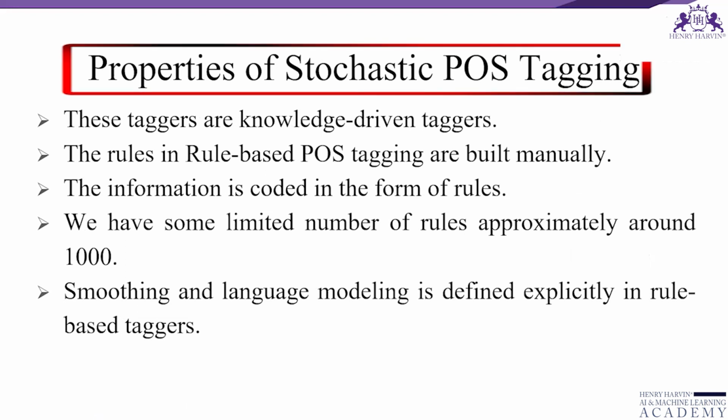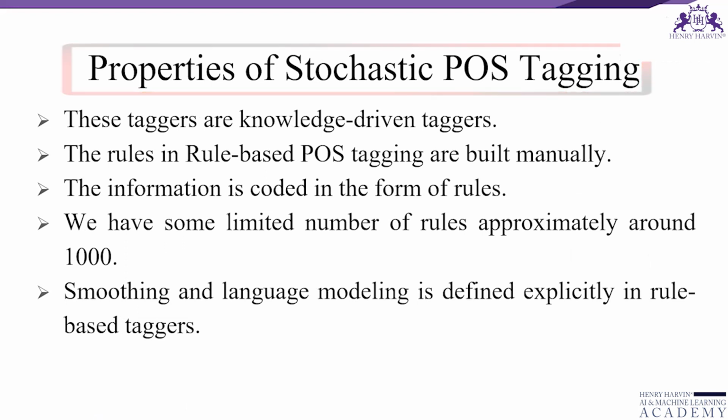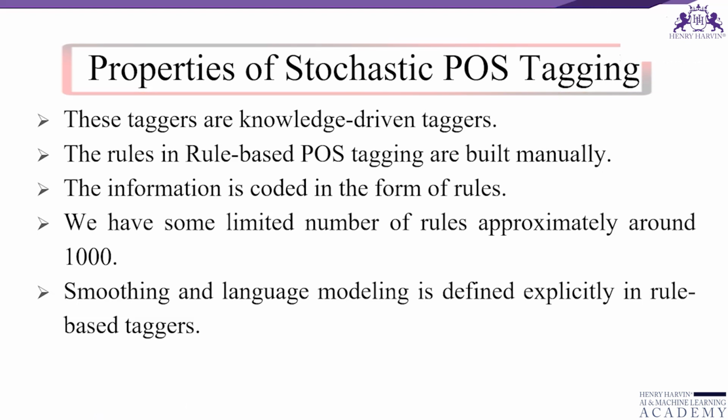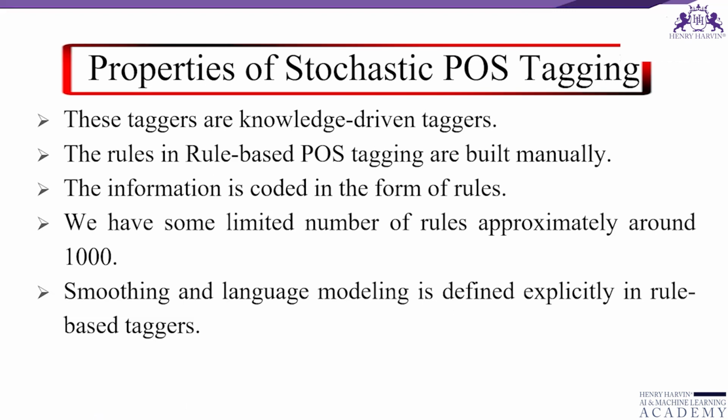In the stochastic model, what I can say is it is an automated way to assign a POS to a word based on the probability that a word belongs to a particular tag, or based on the probability of a word being a tag given a sequence of preceding or succeeding words, right? These are the preferred, most used and most successful methods so far, and they are also the simpler ones to implement.